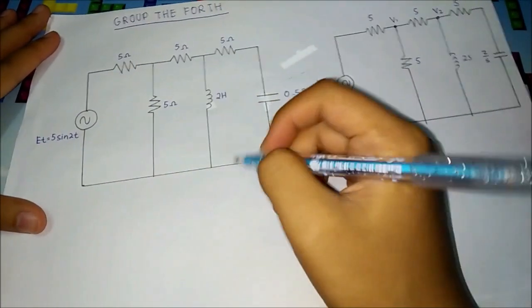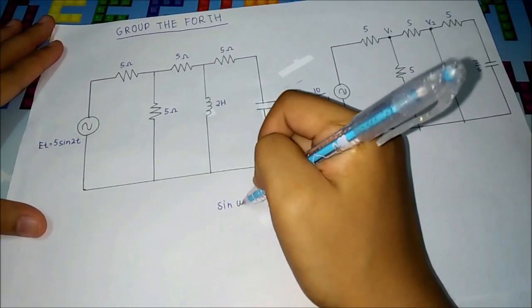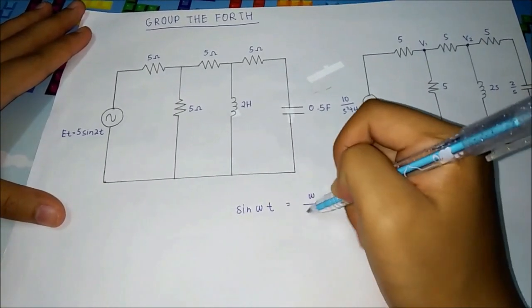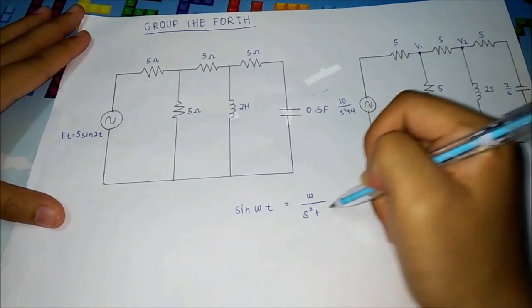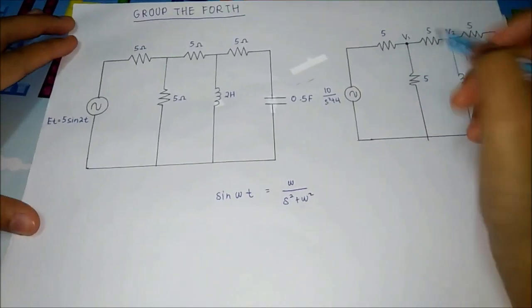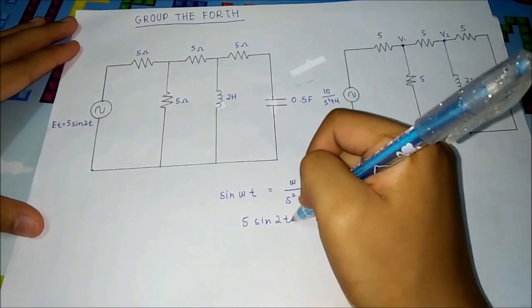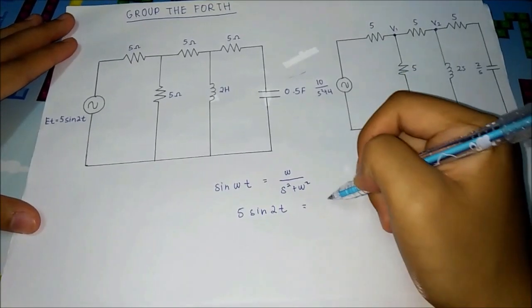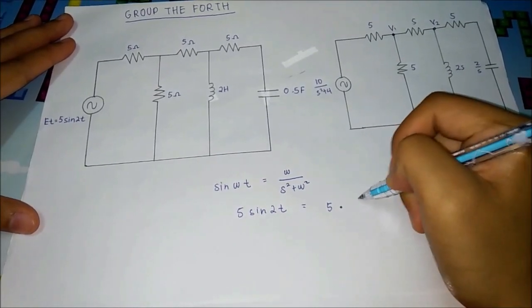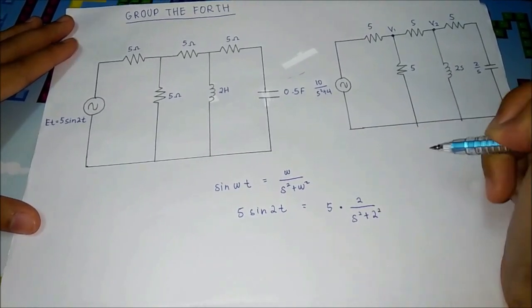So we have a formula: sine omega t is equal to omega over s squared plus omega squared. So this is the formula. From here, 5 sine 2t, we convert it into 5 times 2 over s squared plus 2 squared.